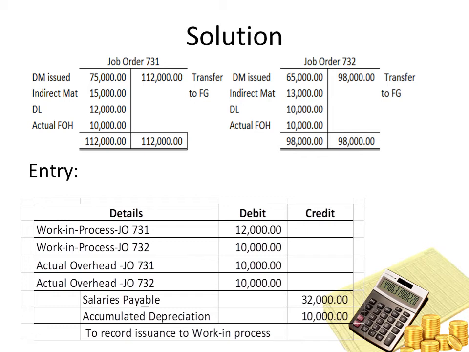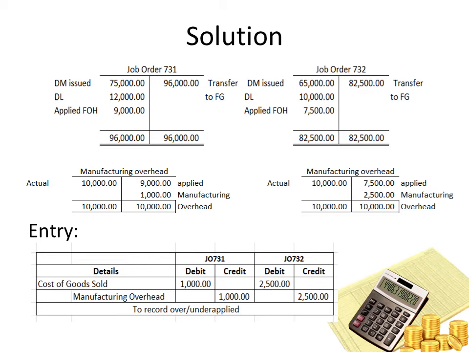So that's actual overhead 731 10,000 and actual overhead job order 732 10,000. We credit salaries payable for our laborer for indirect labor and for our supervisor, and then accumulated depreciation for the machineries used. So this is to record issuance of work in process for direct labor or for conversion costs. So that's for our actual.